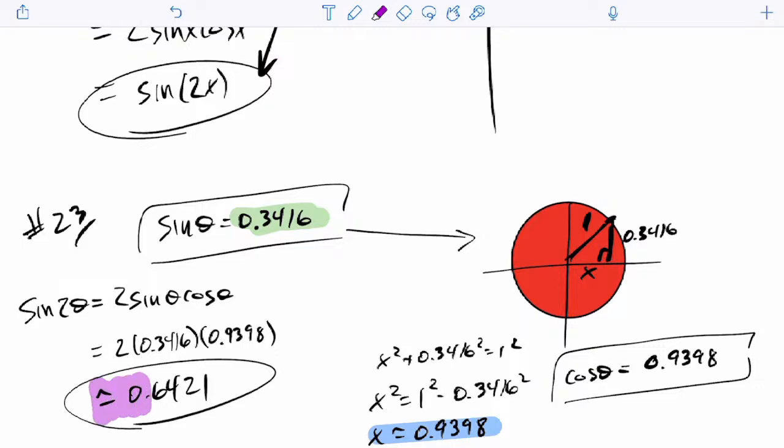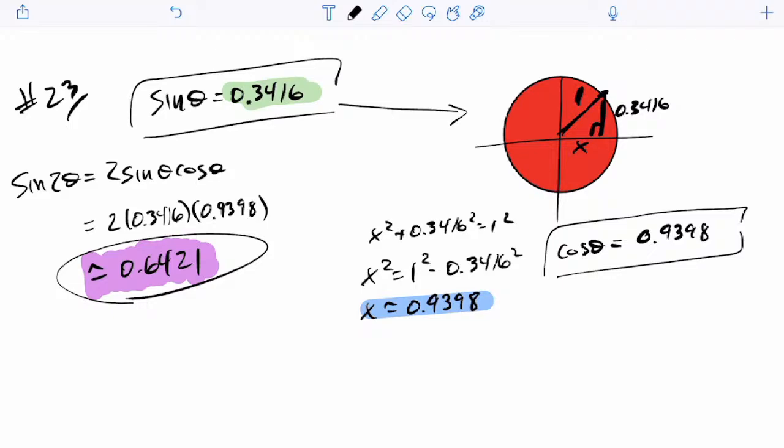Does that make sense for 23? Is that okay, Alexa? All right, I guess so. So there's 23.